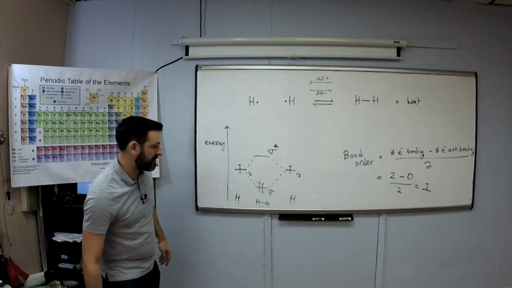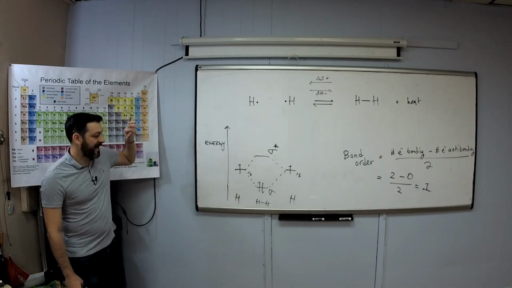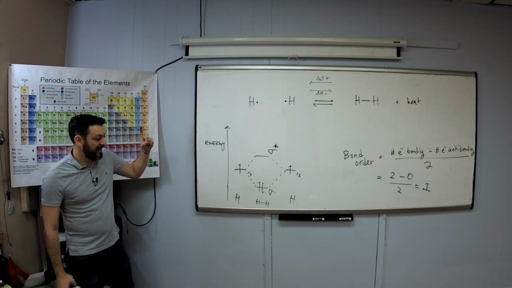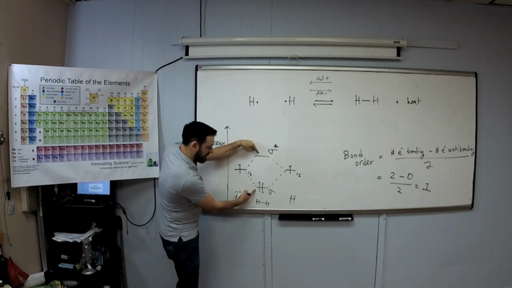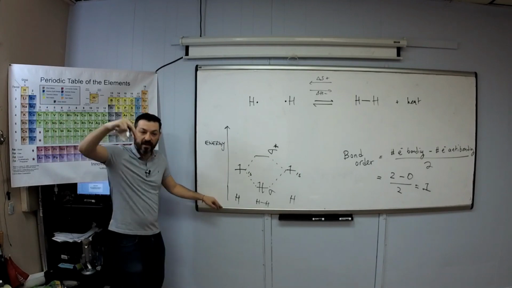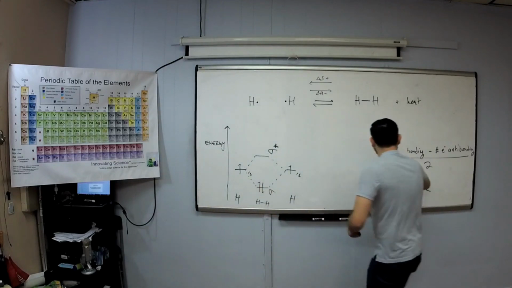Now what happens? You all know this. What happens if I heat this up or put energy in so that the energy is exactly the size of this gap? Let me draw it.